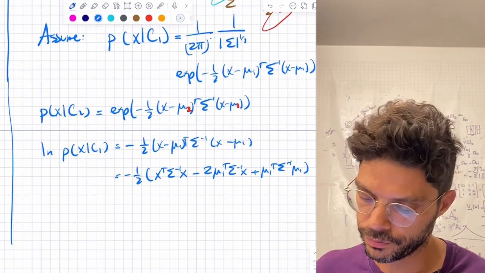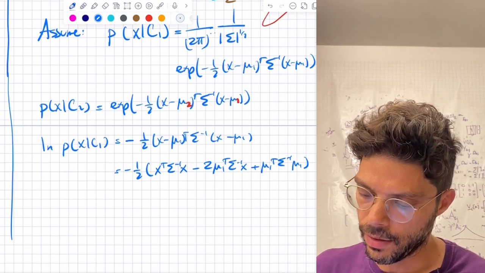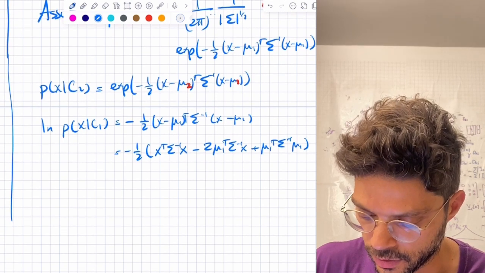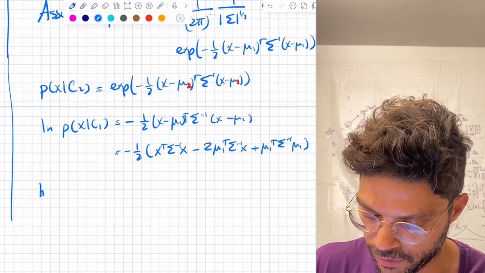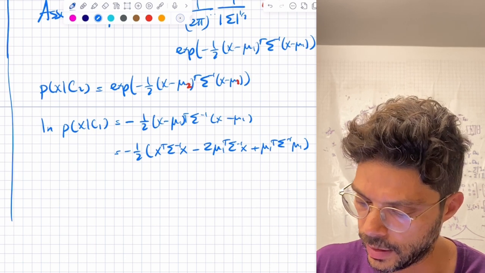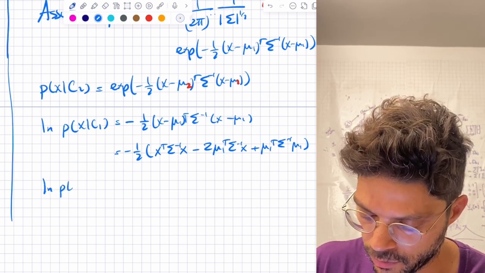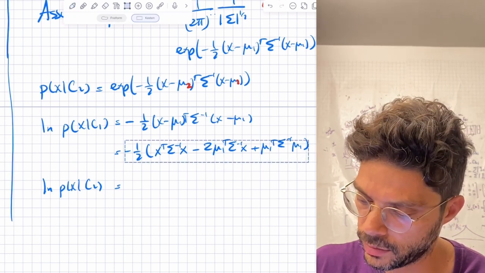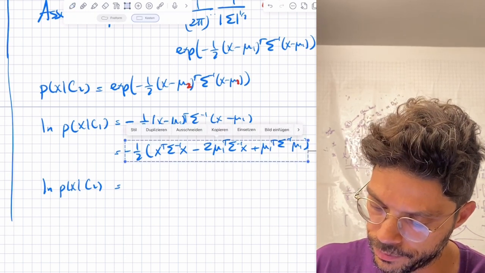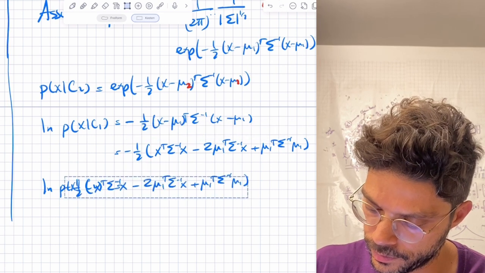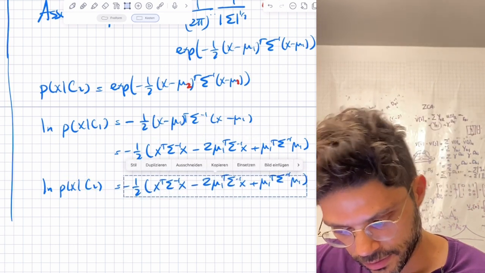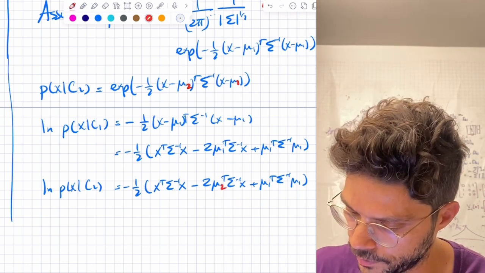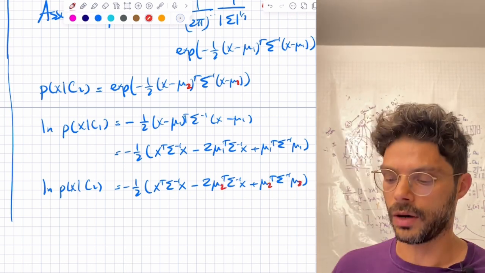Great. And now all we have to do is figure out what it is for ln p of x given c2, which is exactly the same thing, except that the means are different.